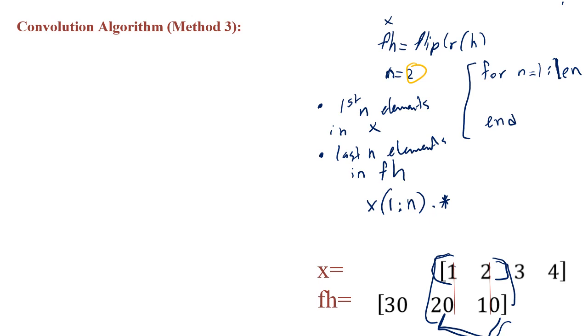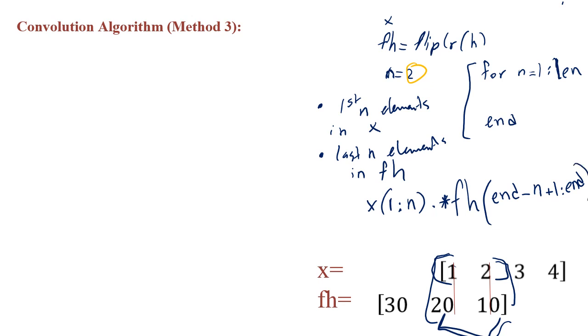And then from FH, we want the last n elements. We said in one of the previous labs that the way to do this is to say end minus n plus 1 until end, right?